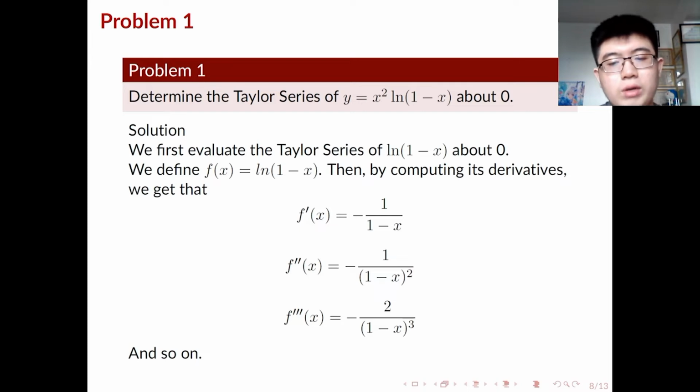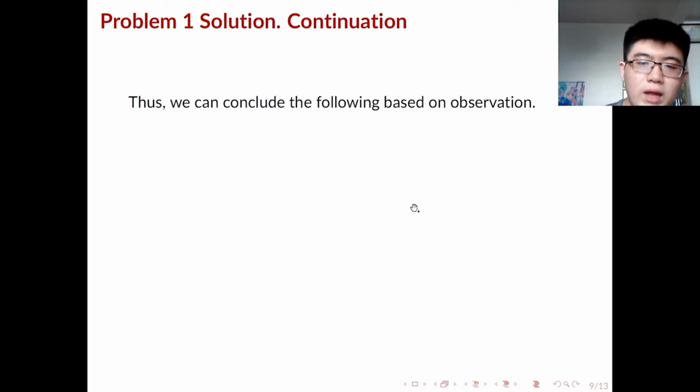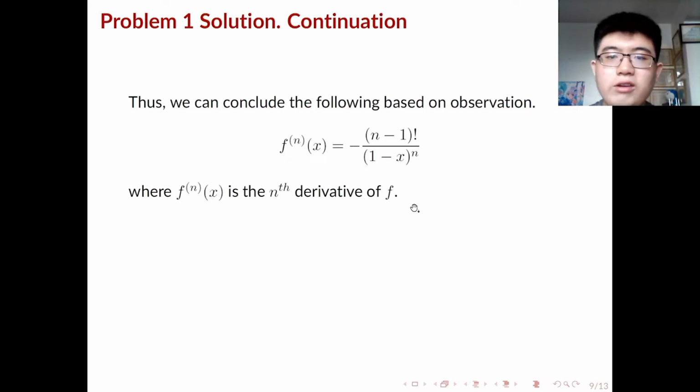Meanwhile, the numerator grows by the current power. Therefore, by some pattern thinking, we get that our nth derivative of f is actually given by negative of n minus 1 factorial all over 1 minus x raised to n.